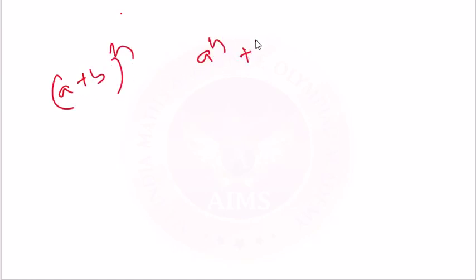At that time, we cannot write it like this, a power n plus b power n. We cannot write like this.